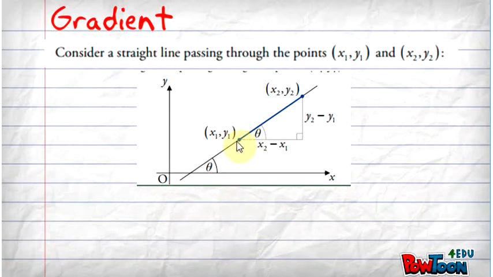And the gradient of that line is given by y2 minus y1 divided by x2 minus x1. So it's the vertical distance you've travelled going from x1, y1 to x2, y2 over the horizontal distance. So that's the horizontal, that's the vertical. It's the vertical over the horizontal.